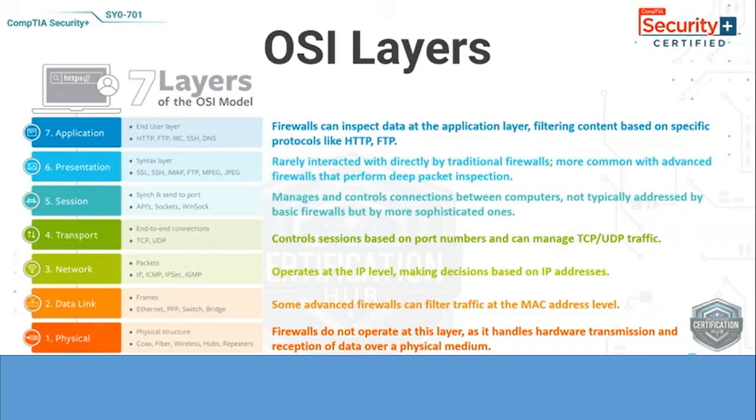The transport layer controls the session based on port numbers and can manage TCP and UDP traffic. The network layer operates at the IP level, making decisions based on IP address. At the data link layer, some advanced firewalls can filter traffic at the MAC address level. Firewalls do not operate at the physical layer, as it handles the hardware transmission and receipt of data over a physical medium.